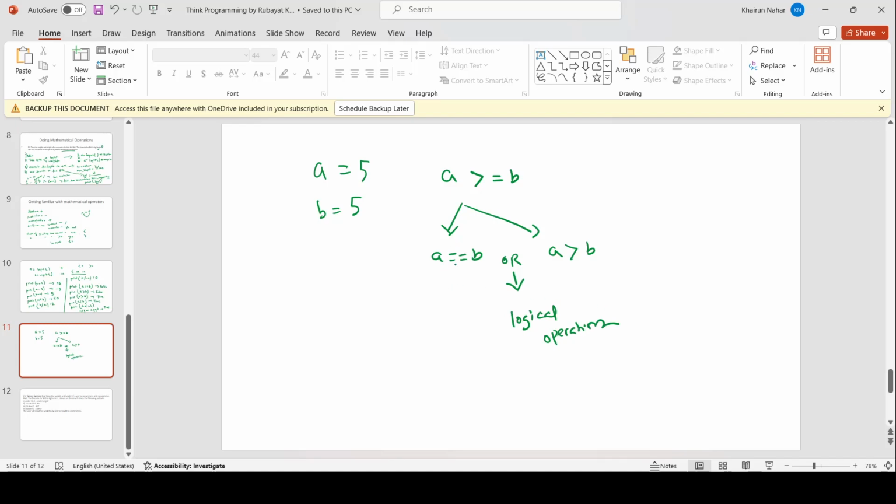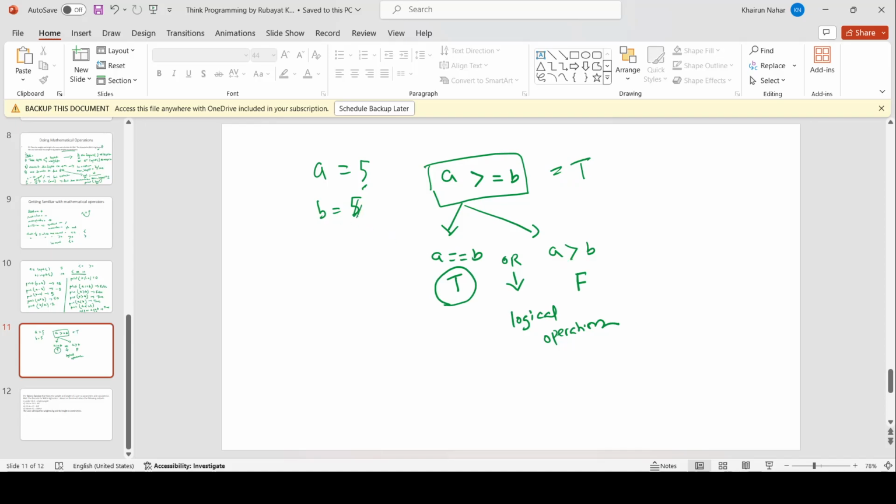So a double equals b, the values of a and b are equal, so it will be true in this part. And is a greater than b, it will be false in this part. And for this entire check to be true, either of these needs to be true. And over here, this is true. Therefore, the result will be true in this case.